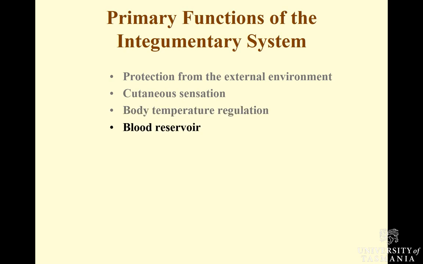The skin can act as a blood reservoir, or the integumentary system can act as a blood reservoir. There's a small amount of excretion and absorption that takes place. And lastly, it's involved in vitamin D synthesis. So these are the 6 primary functions of the integumentary system. We're going to take a look at each of these in more detail about which specific components of the integumentary system play which role in each of these primary functions.